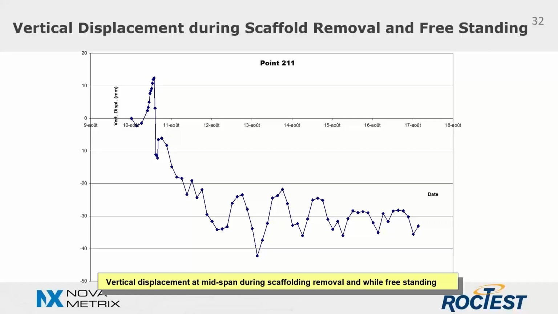So here it is also possible to see the different lowering phases and the periodic movement due to the daily temperature variations. And it's also interesting to notice that the vertical displacement that are due to the dead load of the arch are of the same order of magnitude as the daily movements that are due to the daily temperature variations.